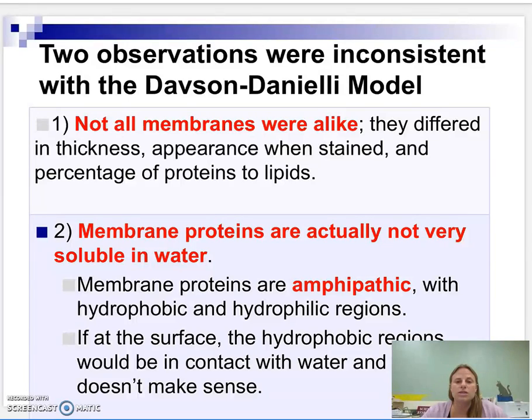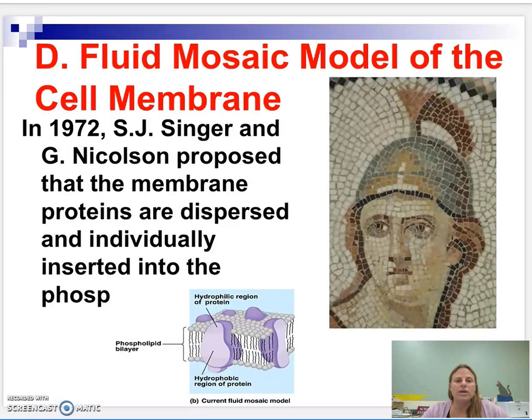Furthermore, membrane proteins are actually not very soluble in water. Instead, they're amphipathic with both hydrophobic and hydrophilic regions. So with the Davson-Danielli model, they show the hydrophobic regions in contact with the water, and that really just doesn't make any sense.